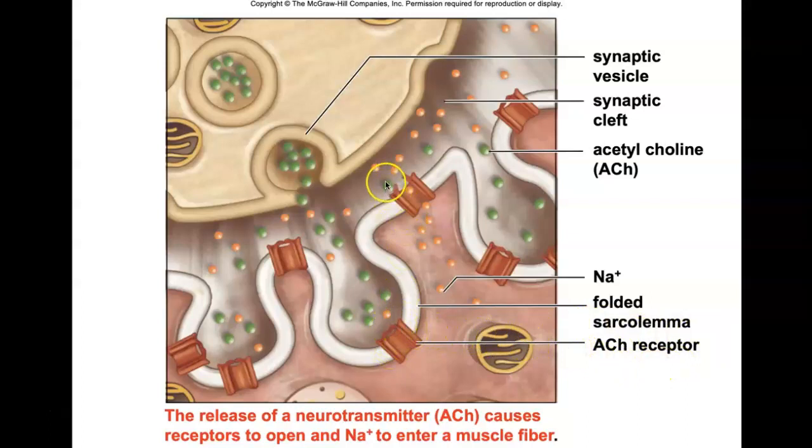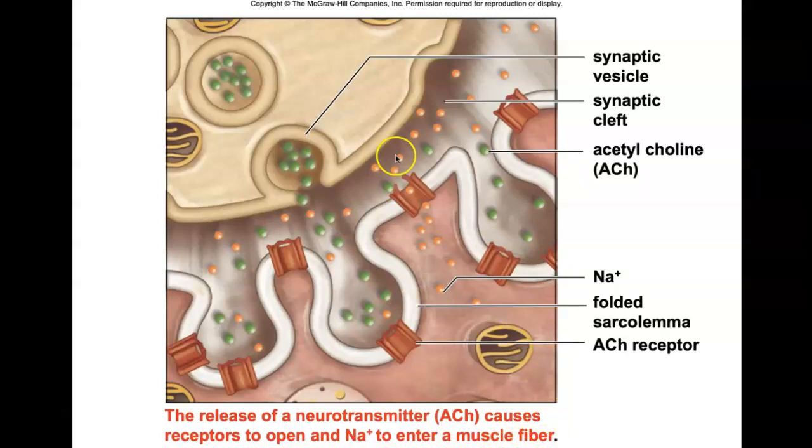Acetylcholine does not go inside the muscle cell. This is very important. Instead, acetylcholine binds to the receptor, and that allows the receptor to open. When the receptor opens, it causes sodium ions to enter the muscle fiber. That's really important.